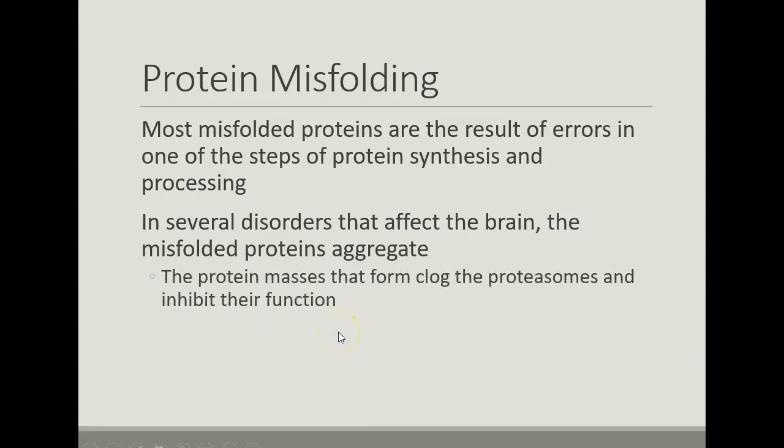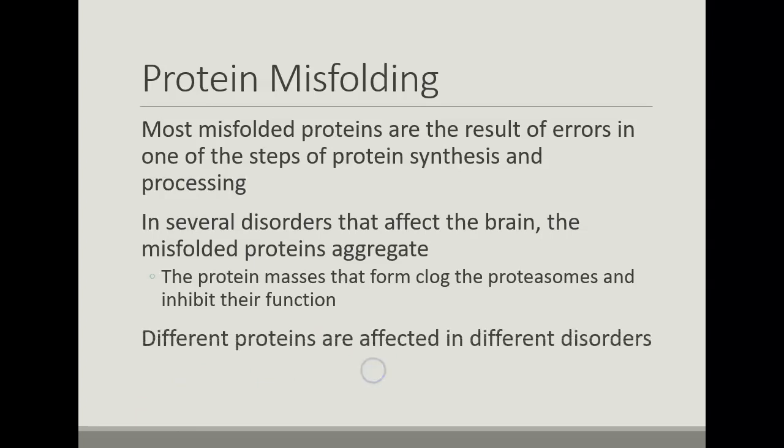There's actually some disorders that humans and even some other mammals are prone to that are caused by misfolded proteins. When those misfolded proteins aggregate, they clump together and they can actually cause problems, specifically in the brain, as it turns out. So you can think of them as kind of creating a clog that your brain can't clear, and it will then present itself in different types of disorders.